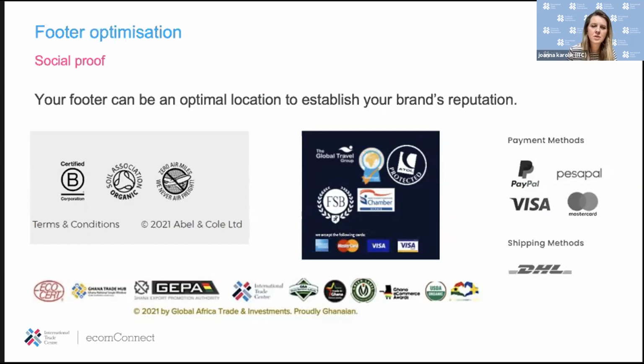Maybe add their logos. Are you working with different associations? Just add the logos, and it's good to have that more in the footer section of your site. All these things are what we call social proof. So this was about the footer.